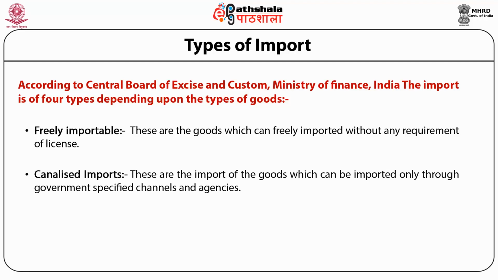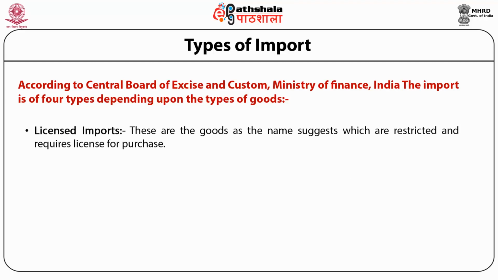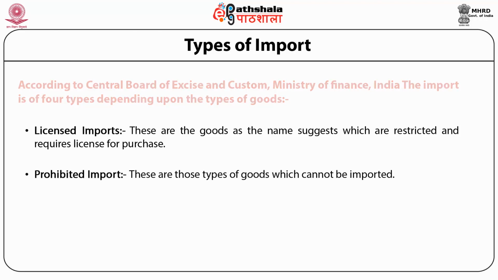These are goods which can be imported only through government specified channels and agencies. Third is licensed imports. These are the goods, as the name suggests, which are restricted and require a license for purchase. Fourth is prohibited import. These are those types of goods which cannot be imported.